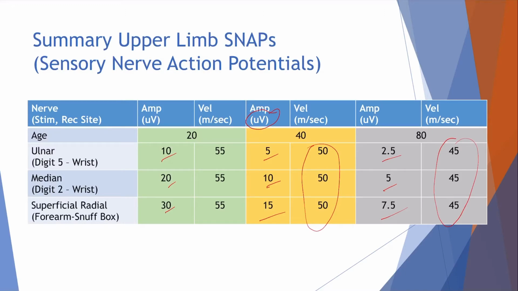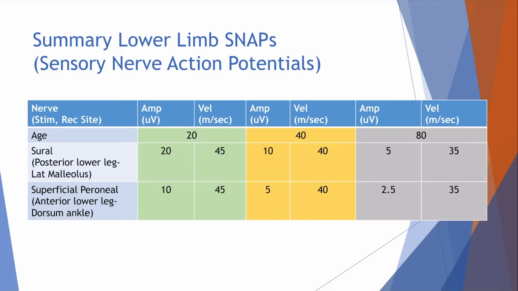Reasons for that can include degeneration of the nerves themselves a little bit with the process of aging, and also the fact that older people have more impaired thermoregulation, so the limbs tend to be a little bit cooler too. If one's younger, then the conduction velocities may be 55 meters per second as a minimum. One will tend to see much higher conduction velocities than that in the younger cohort, but these are sort of minimums to expect.